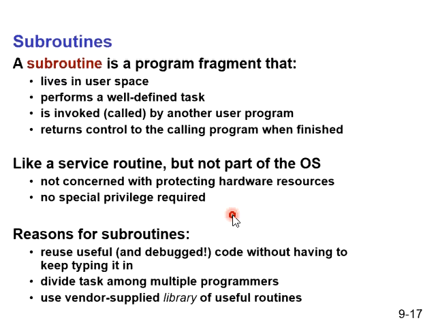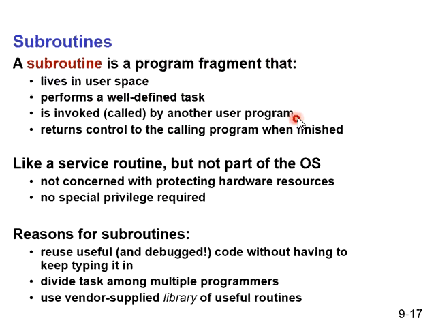Now we go to the next section in the chapter, that is subroutines. You know trap is always a routine, but when you write the program, maybe you want to write a subroutine for yourself because you want to use it. A subroutine is a program fragment or section that lives in user space. That means you write it yourself and it can perform a well-defined task, the function you want, and is invoked by another user program.